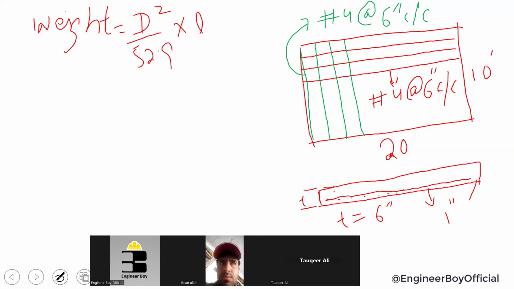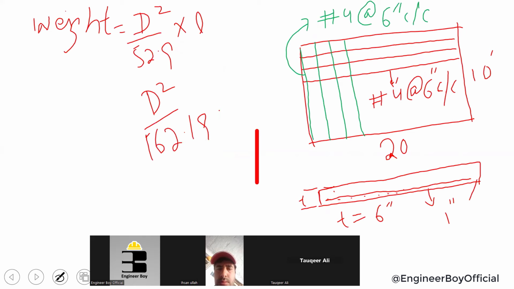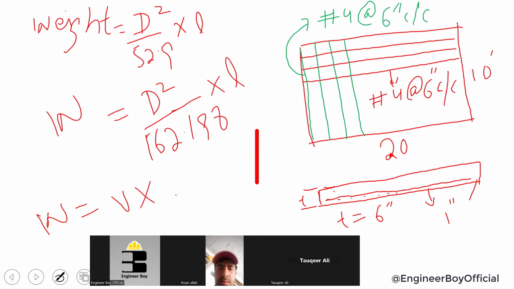Maybe a few minutes ago, if you remember this. You can also use D square by 162.198 times L, okay? These two formulas are commonly used. You can use actually, of course, again, the volume times the unit weight to determine the steel weight, okay?